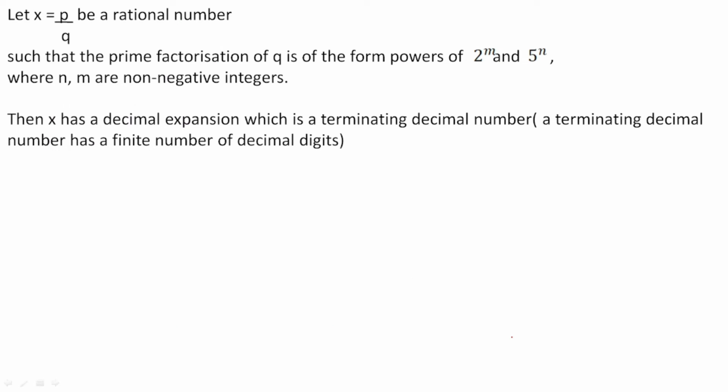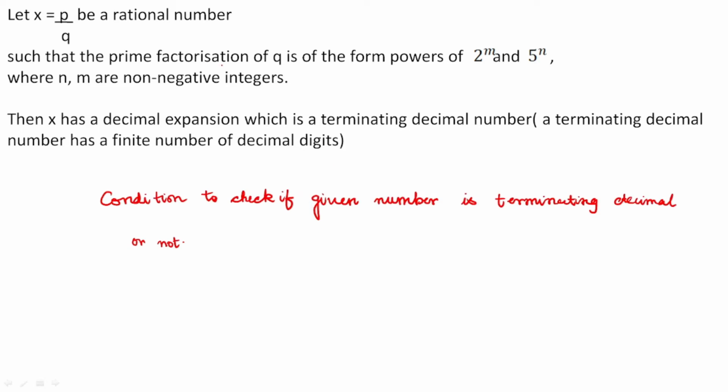So now we will look at a condition to check whether a decimal number is terminating or not. This helps us in solving the exercise questions that we will be doing further. So let's look at the condition. We take a rational number p by q, where q is not equal to 0 and both of them are co-primes.